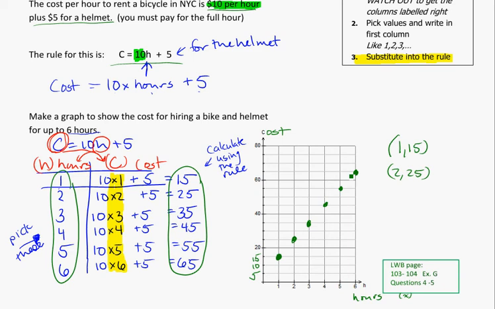So in the previous problems you've been given the table and you have to find the rule. Here we're working backwards to actually use the rule to make the table, and then we can plot the graph. So again, that's 10 times the number of hours plus $5 for the helmet. And we see we go up in basically a straight line here. And again, between each point we're actually going up by 10, which is what we expect because it's $10 extra for every hour.